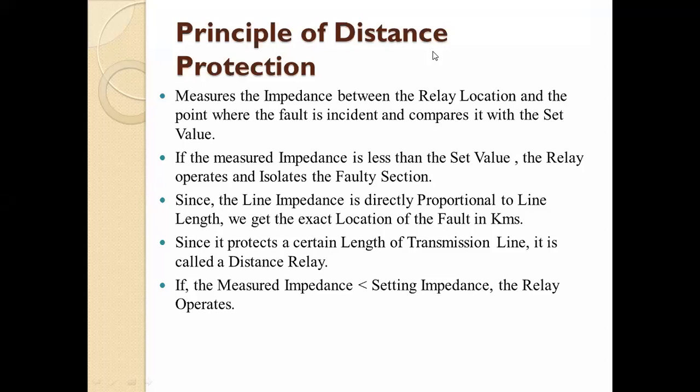So when we are protecting such transmission lines, which are the different types of protections used? So here are different types. We are using the impedance relays, reactance relays, and admittance relays.